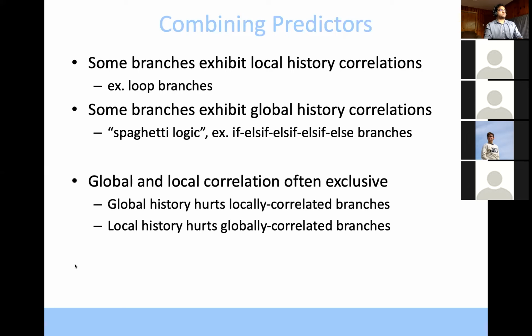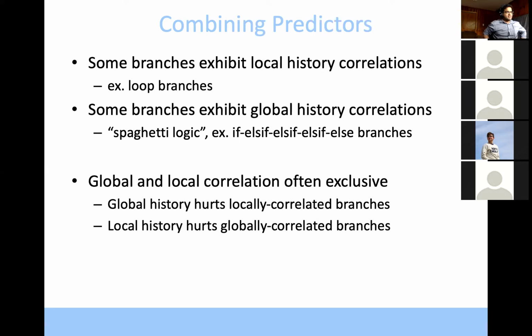An example would be a loop branch, where your future outcomes are dependent on your previous outcomes of the same instruction. Whereas global history works well for things like if else, else if, that kind of branching pattern, where it's just a tree of ifs and elses, because they all kind of depend on each other.